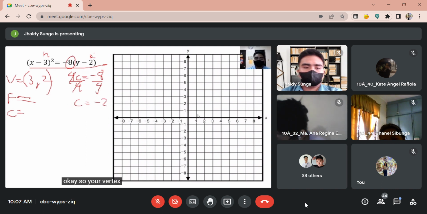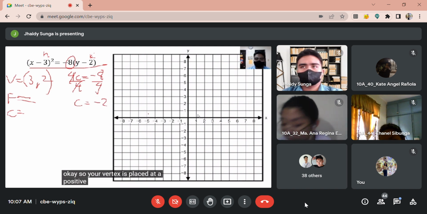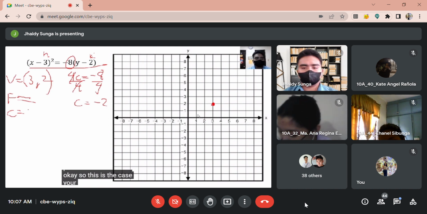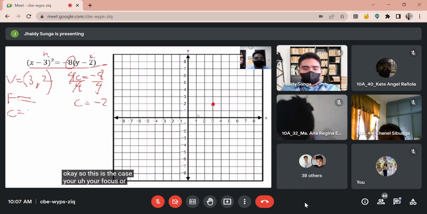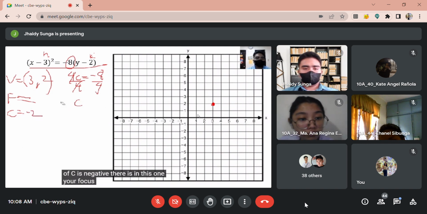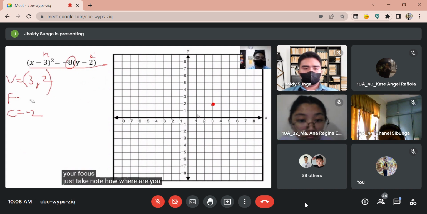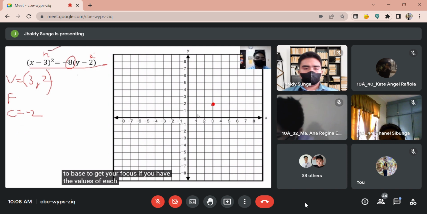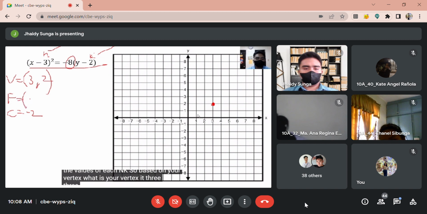So your vertex is placed at 3, then 2, and you have the value of c as negative 2. Where are you going to base to get your focus if you have the values of h and k? Based on your vertex, which is 3, then 2.